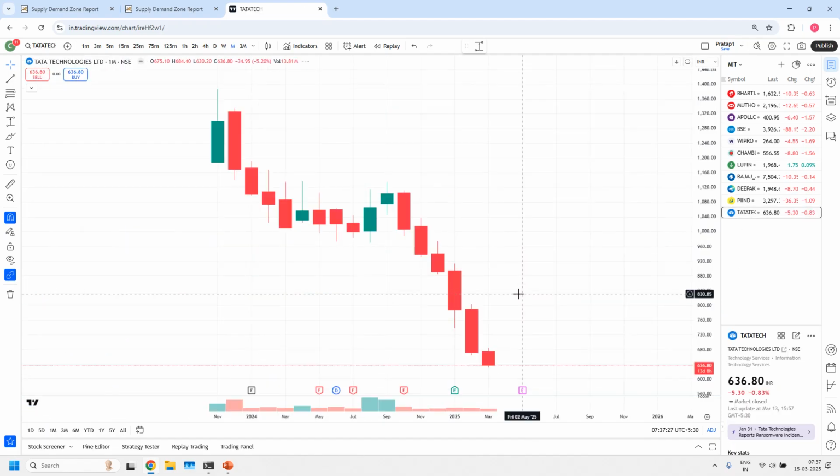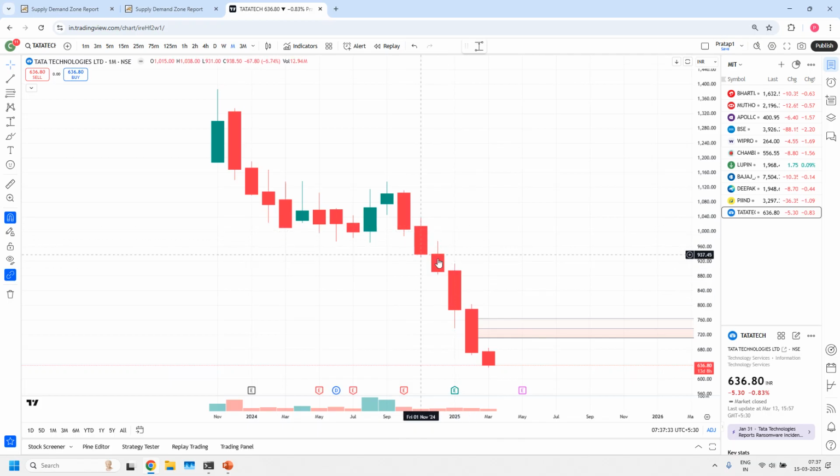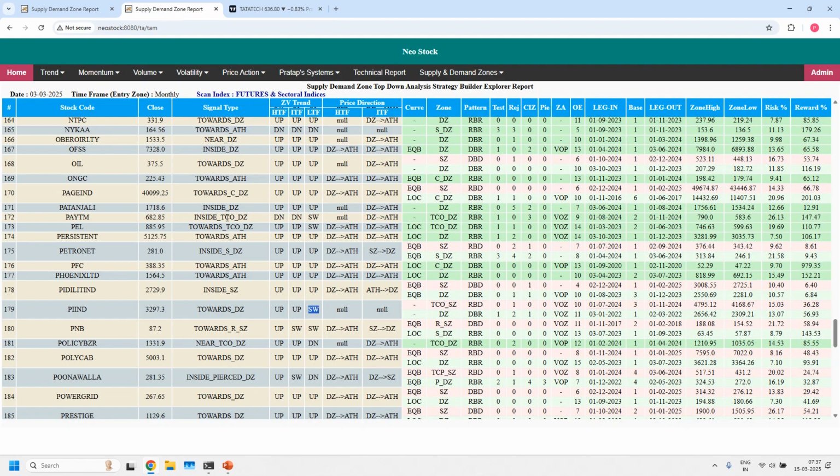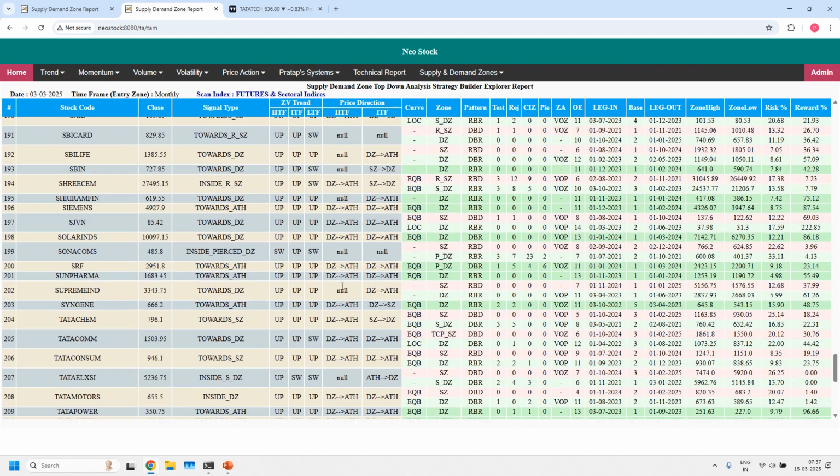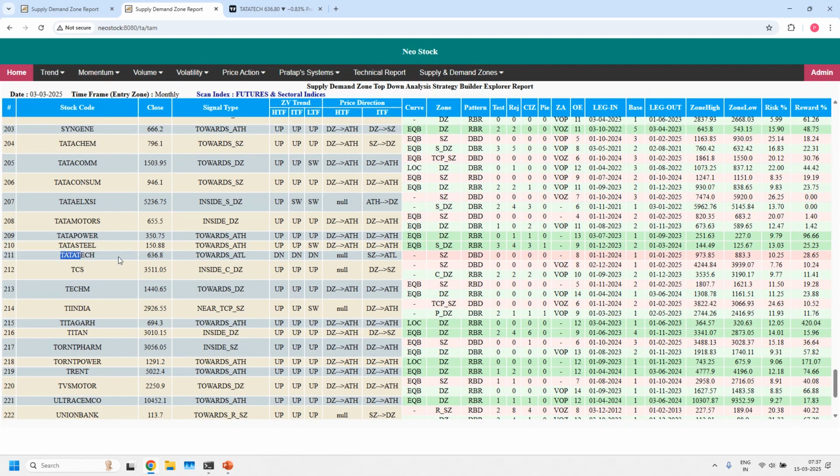Okay, next one is Tata. Clearly in Tata, here we have a drop, base, drop. Tata Technologies. What our software suggested is the same. 1st November 2024 is the leg-in, one base candle.